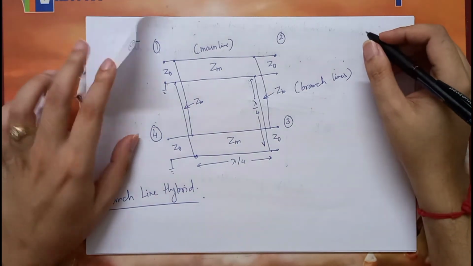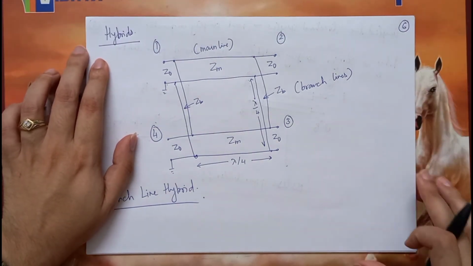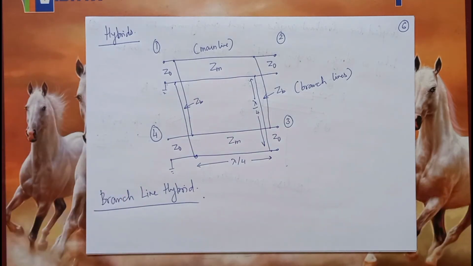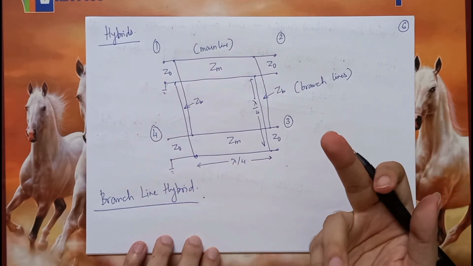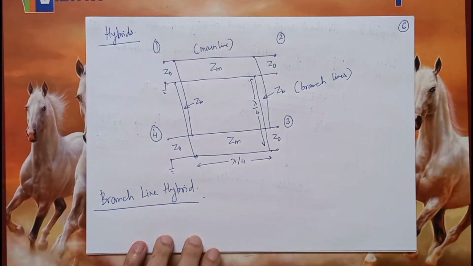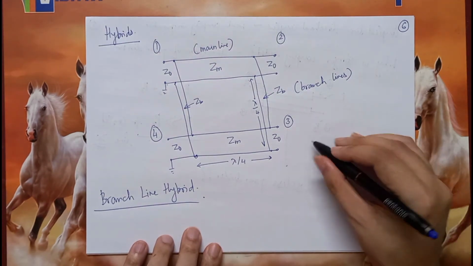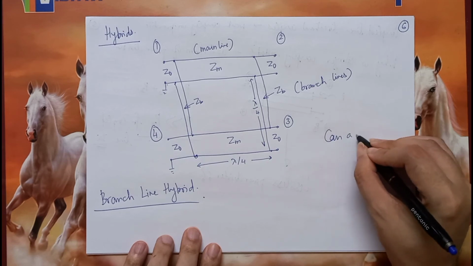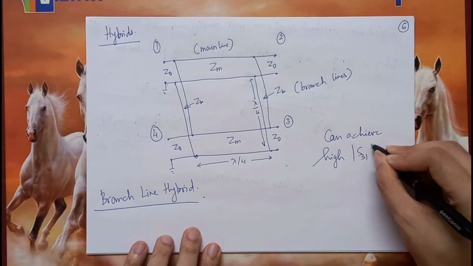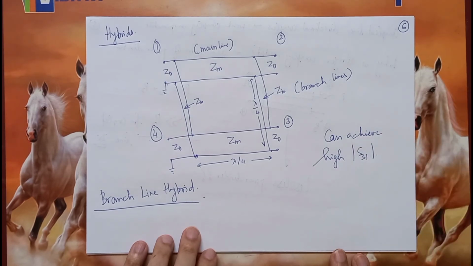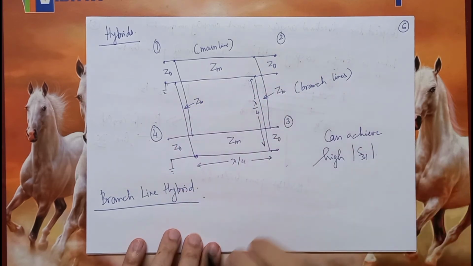The idea behind having a branch line hybrid, or some people also call it a branch line coupler, is to achieve tighter coupling. That is, this can achieve high values of S31 magnitude, because now there is a direct connection between the main lines.